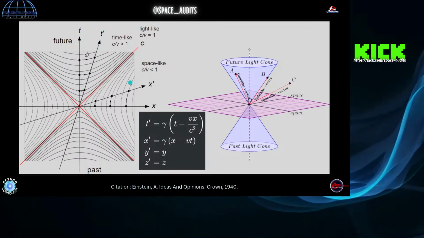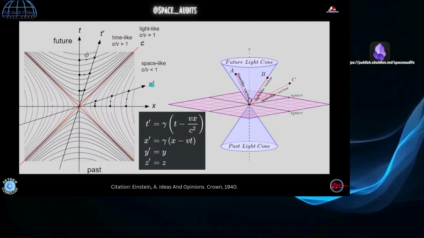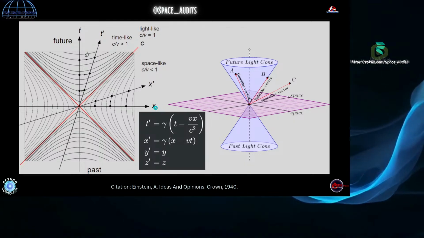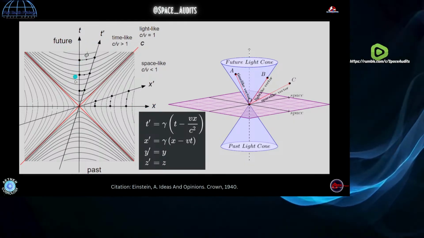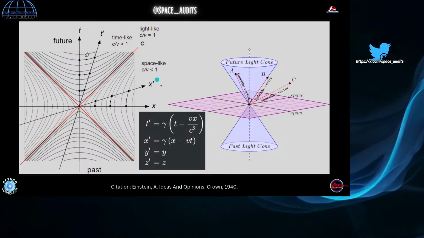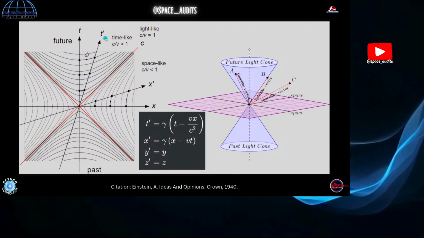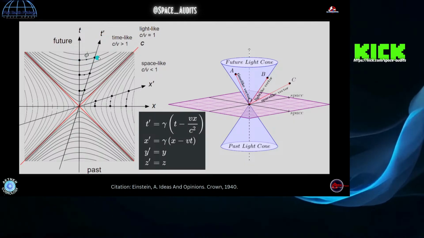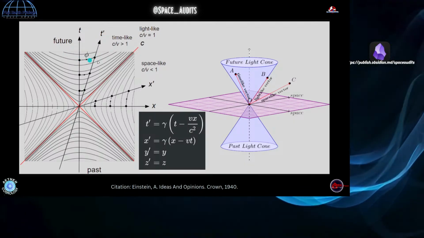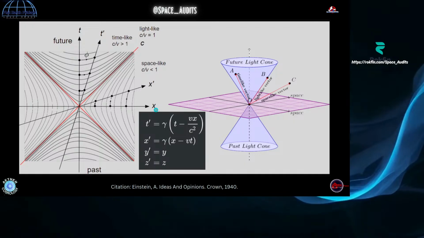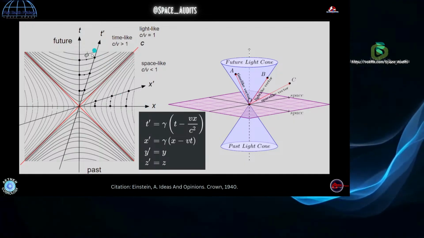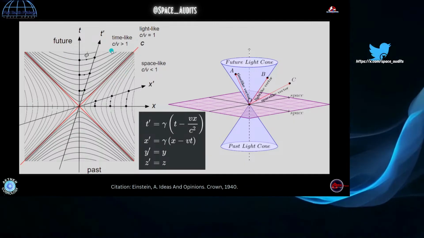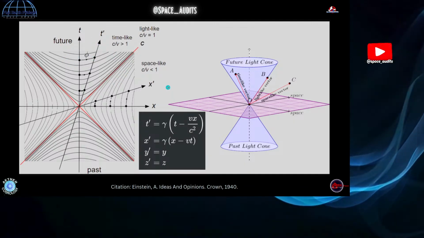So t prime and x prime are defined as our coordinate time and coordinate distance, the unchanged distance and time that the proper time is relative to, and the change occurring is shown by this hyperbolic curvature. As you go faster and faster, approaching the speed of light, you get more contraction, more dilation, more curvature in this graph.